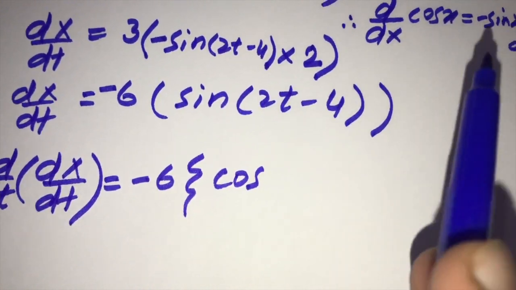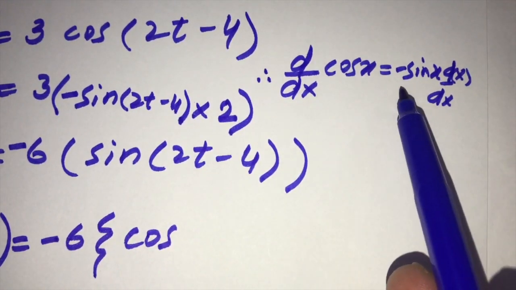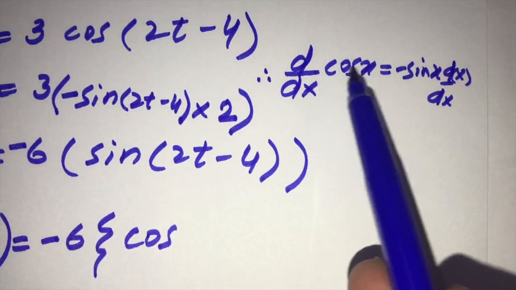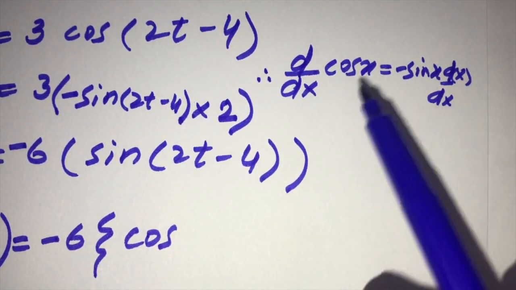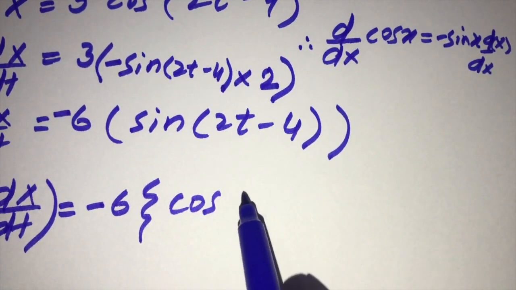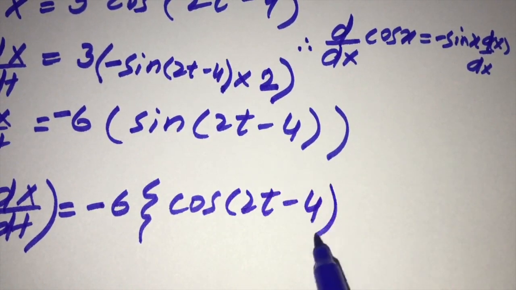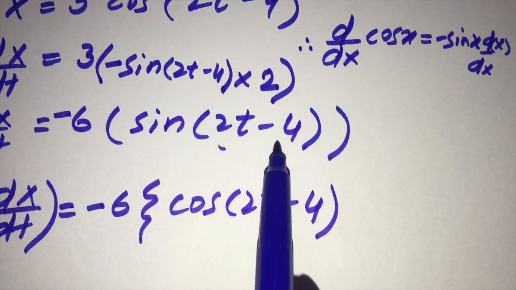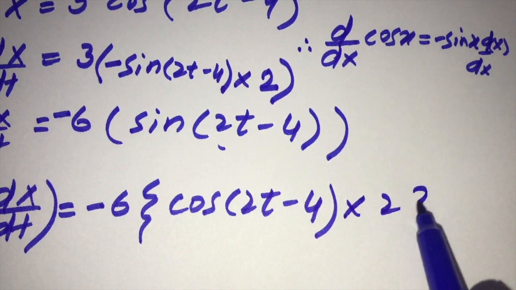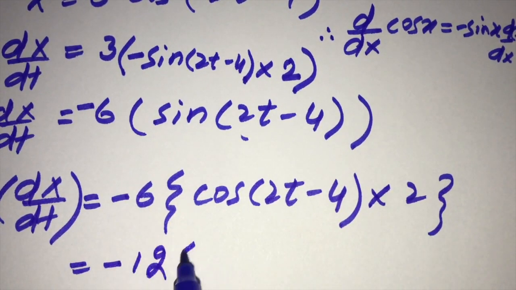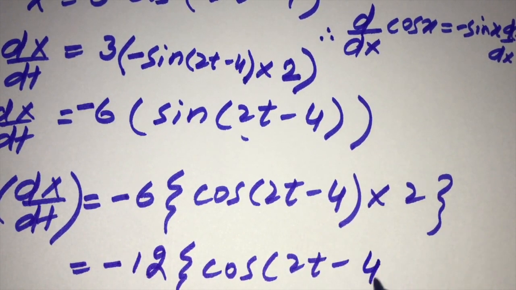Here the derivative of sine is equal to cos, whereas the derivative of cos is equal to minus sin x. So the derivative of sine is cos of 2t minus 4, and we also take the derivative of 2t minus 4, which is equal to 2. So 6 into 2 is equal to 12, into cos of 2t minus 4.